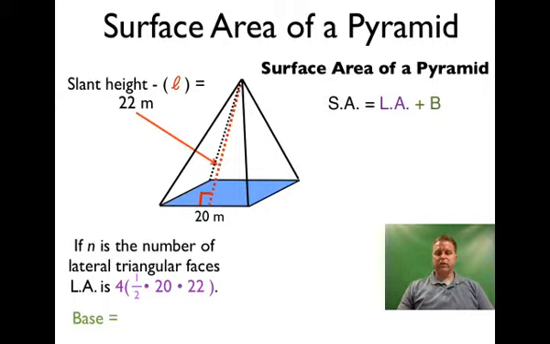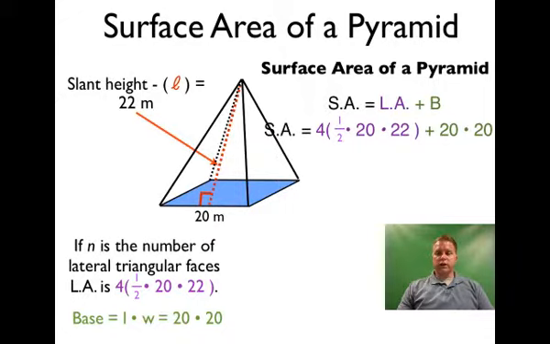And then the base here, since it's a square, is found by length times width, so it's going to be 20 times 20. So our long version of our expression would be 4 times the quantity 1/2 times 20 times 22 plus 20 times 20.